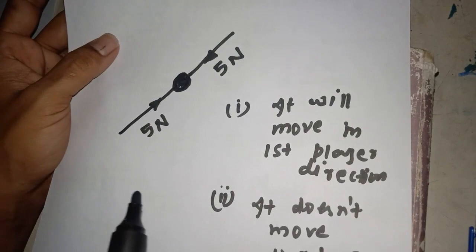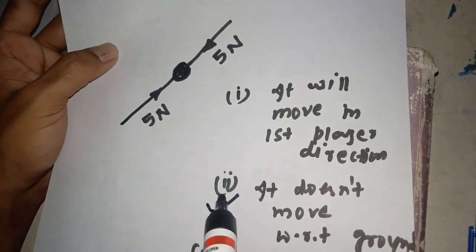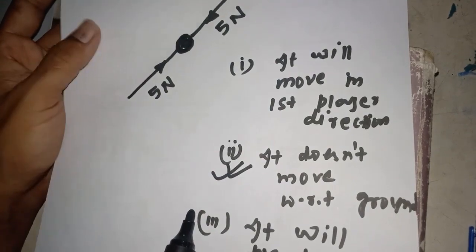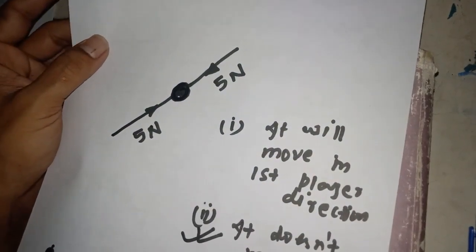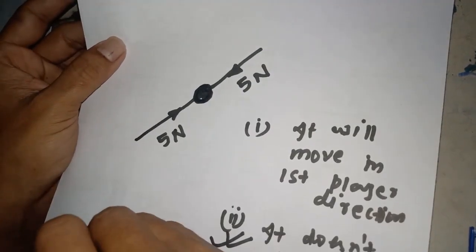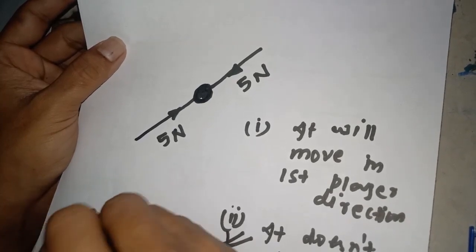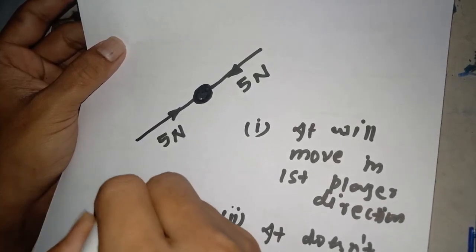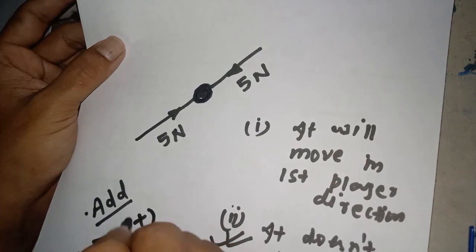By your common sense you can say yes, you are right. You can say that it will not move with respect to ground, and the second option is correct. How do you take the combined effect of these forces from these two players? So here I add two vectors. I take this direction as positive.